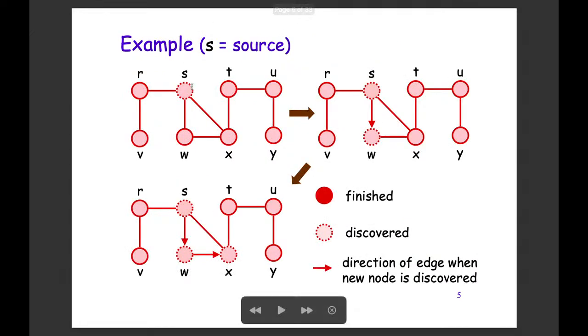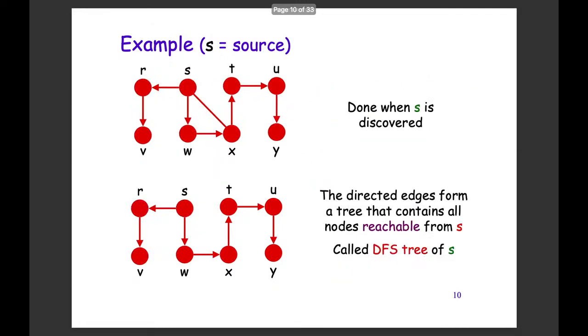If at the beginning we start picking X instead of W, then we will have a different DFS tree, because in that case we will have S discovering X, X discovering T and U and Y, and then X will be the one who discovered W instead of S. So the DFS tree of S is not unique, and it is obtained by really running a DFS algorithm.